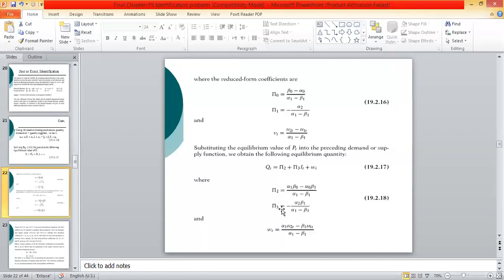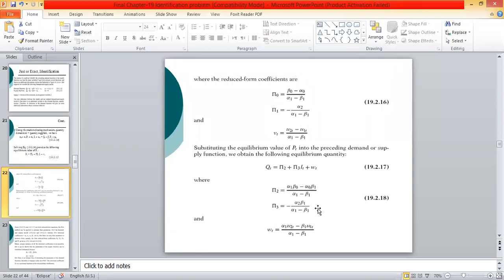Divide pi 3 by pi 1. When you divide pi 3 by pi 1, some things will be cancelled out. Alpha 2 over alpha 1 minus beta 1 will be cancelled out, and the result will be equal to beta 1.